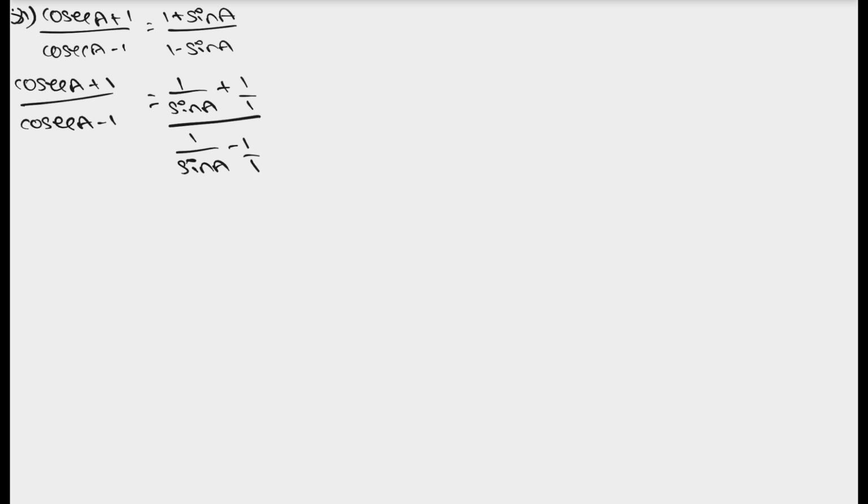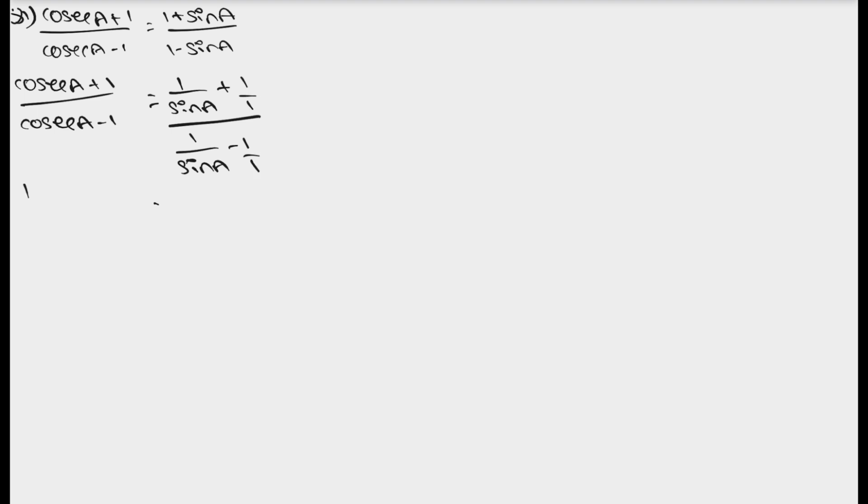Here we have cosecant A plus 1 by cosecant A minus 1. And as we know, this cosecant can be written as 1 by sin A. So 1 by sin A plus 1 by 1 by sin A minus 1. So here we'll be taking the LCM.